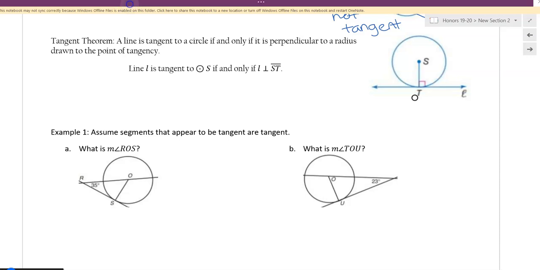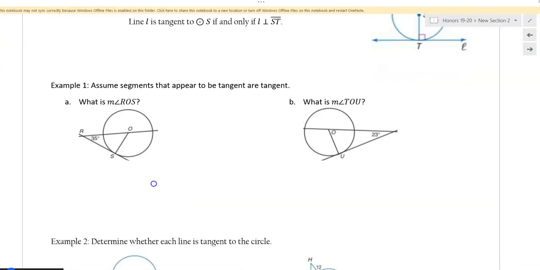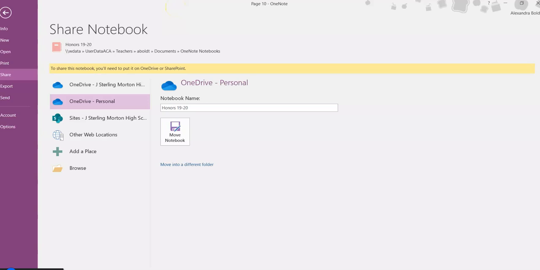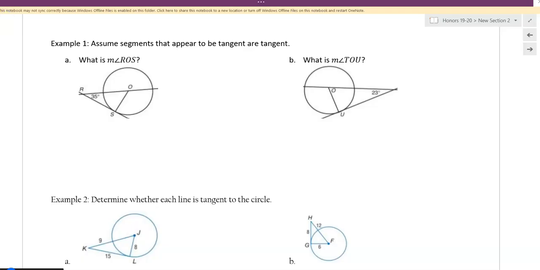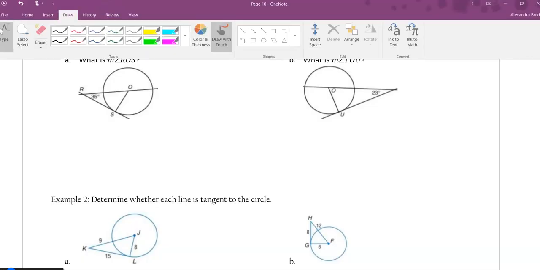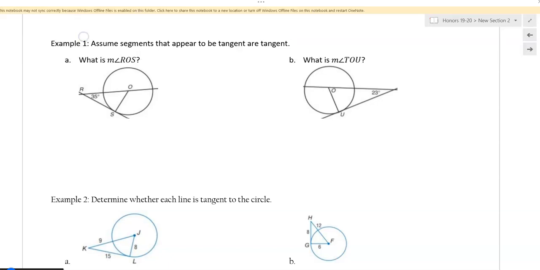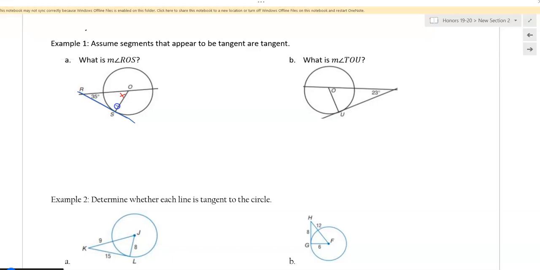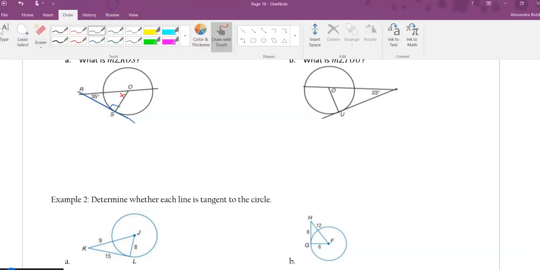So let's look at example 1, how we're going to use this. Assume segments that appear to be tangent are tangent. That will happen a lot. So for example, what is the measure of angle ROS? Well, I'm assuming this line is tangent because it looks like it is, and therefore this line creates a right angle.